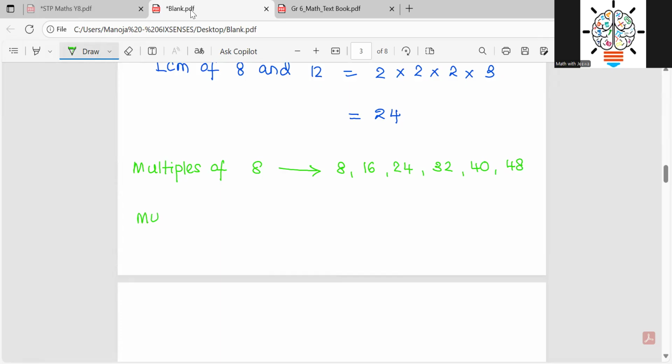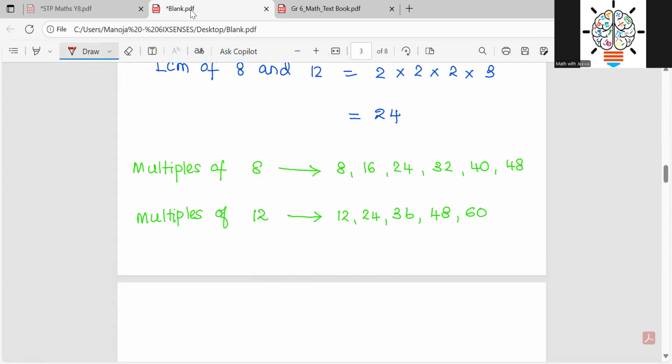Here I write multiples of 12. Actually, this is another way that some teachers do. 12, 24, 36, 48, 60, like this.